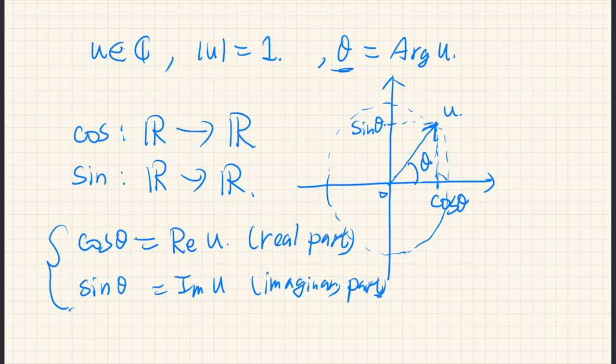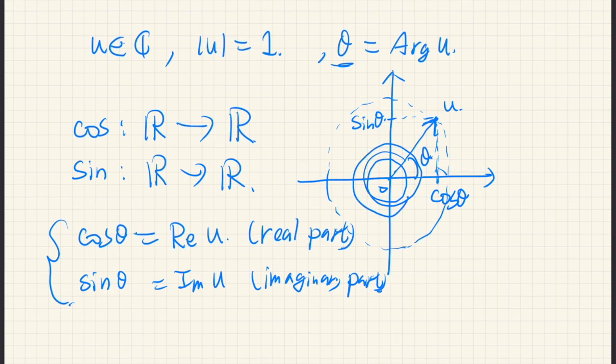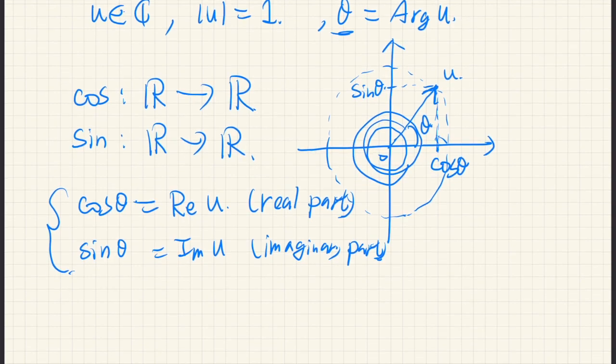And you know, this theta can be anywhere here. So in this particular example, it's in the first quadrant, but it can be anywhere on this unit circle. Okay, and the angle is measured from the real axis.